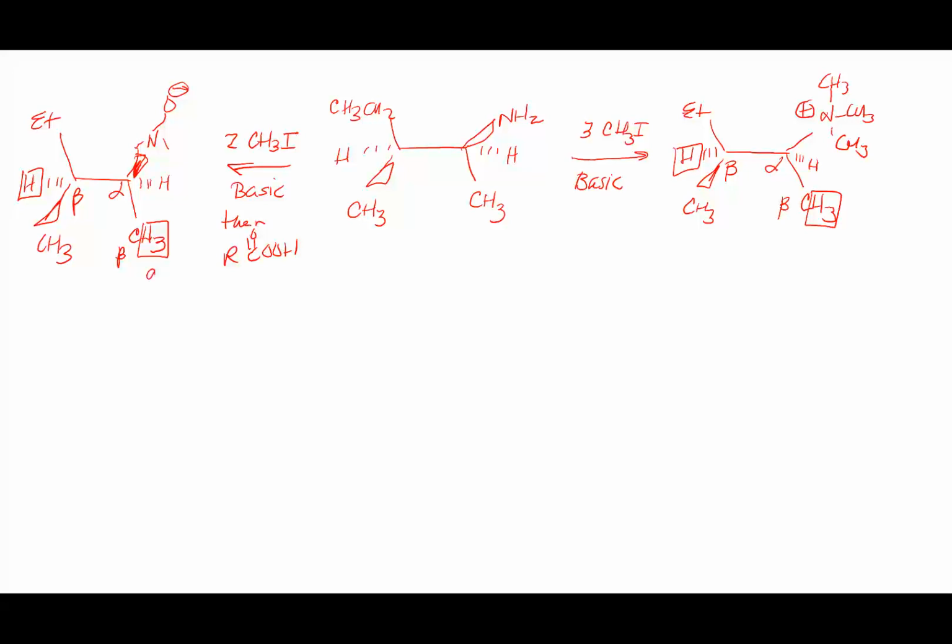I'm going to label those A and B, A and B. And so my question is this. What's going to be the major product? Which hydrogen is going to be removed to form the major product? The ones that I labeled A or the ones that I labeled B?